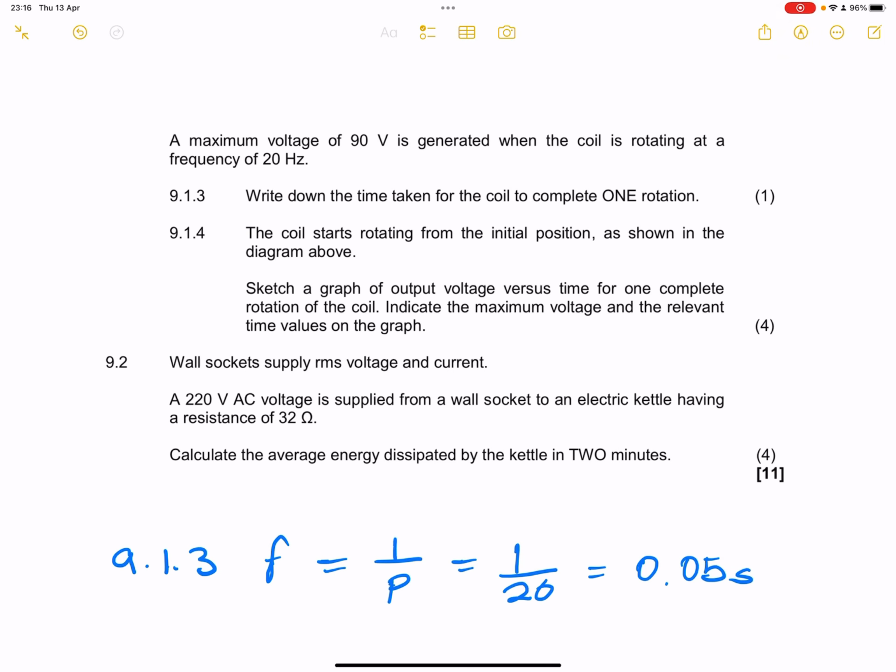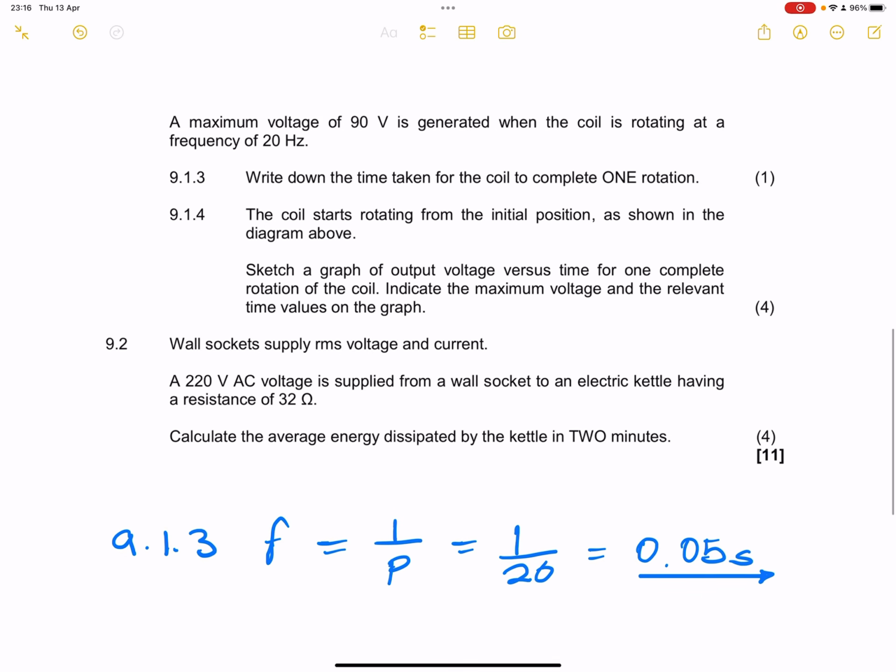So to complete one cycle, it would take 0.05 seconds. As a result, in 1 second you are able to complete 20 cycles.